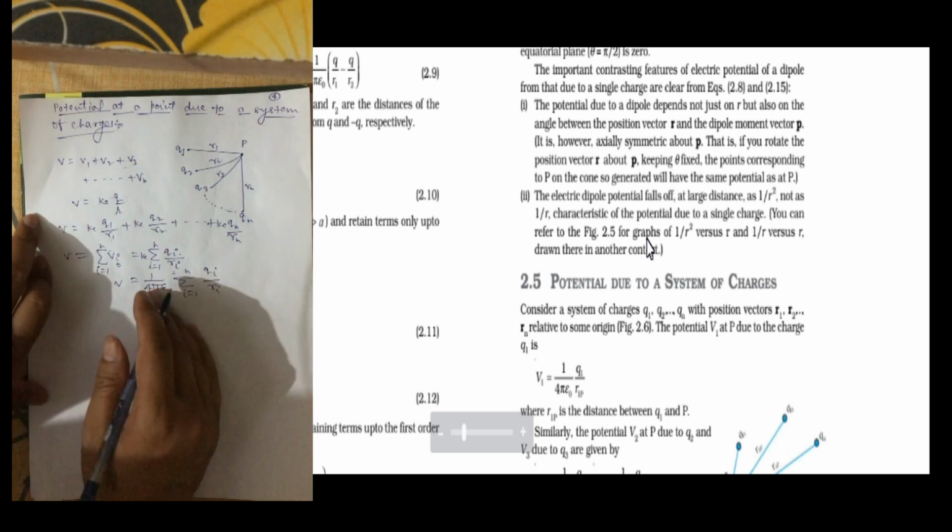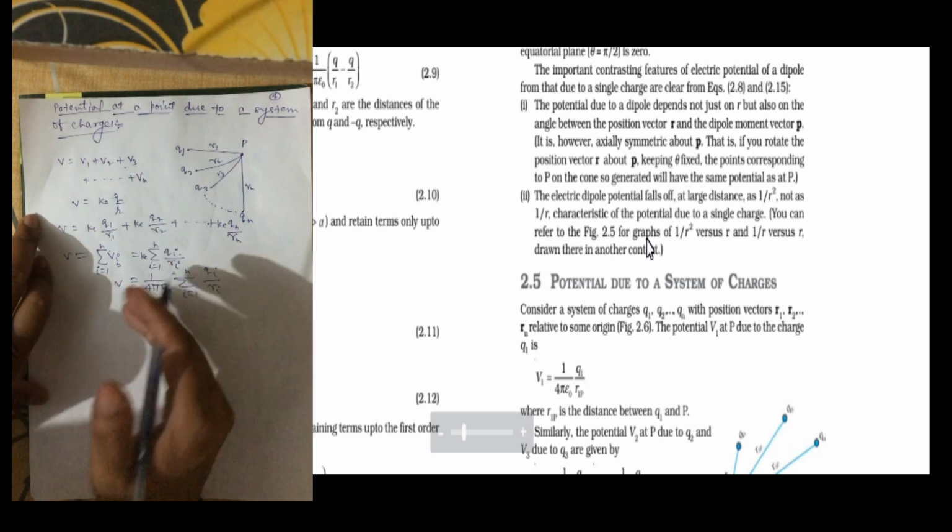Vi is the potential at point P produced by the charge Qi, which is at a distance Ri from point P. The potential, unlike field strength, is a scalar quantity.